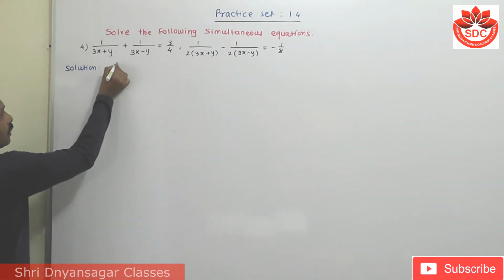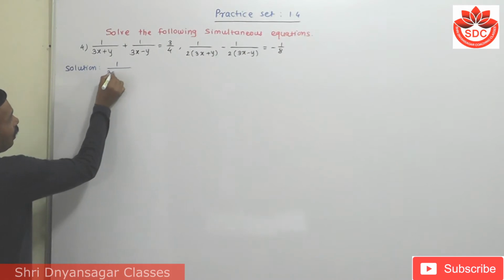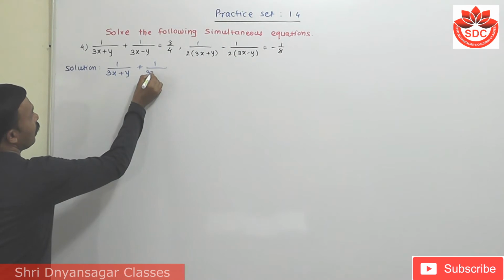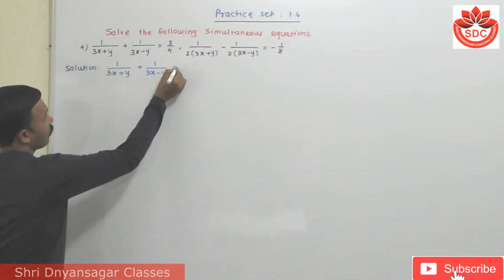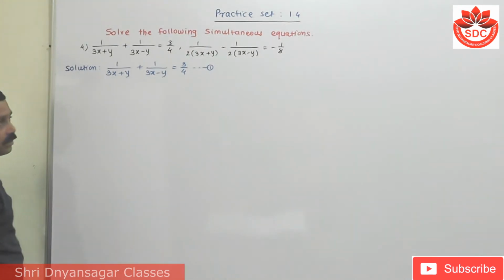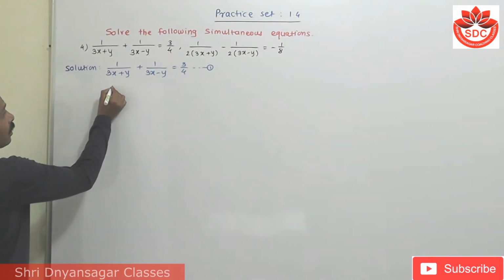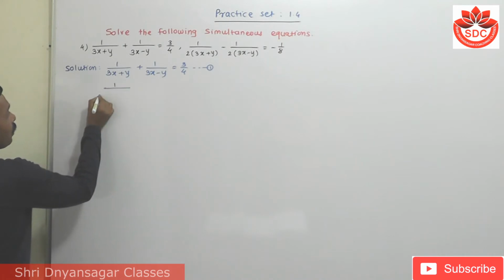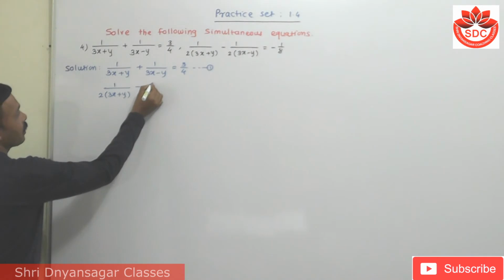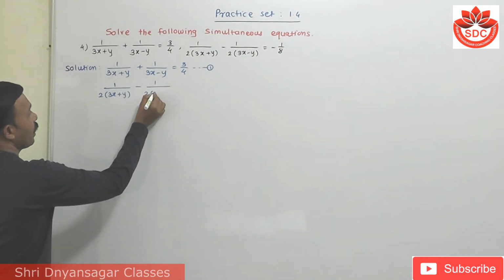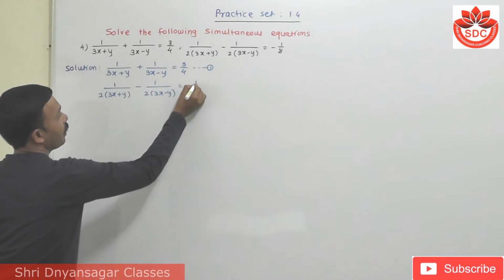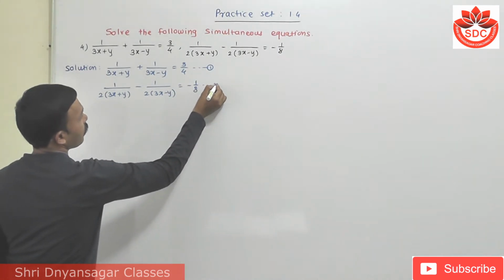Now the first equation is 1/(3x + y) + 1/(3x - y) = 3/4. Suppose that this is equation number first. Then the second one is 1/2 in bracket (3x + y) - 1/2 in bracket (3x - y) = -1/8. Suppose that this is equation number 2.